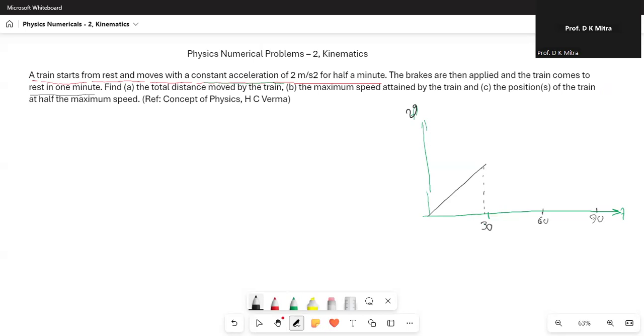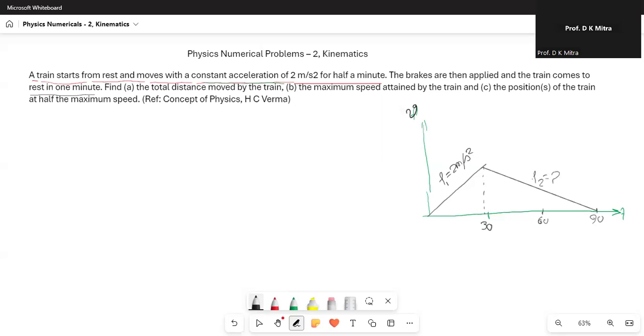So at this time, the train, so the acceleration here, it says F is equal to 2 meters per second square. Let's say this is F1. This acceleration, F2, is not given.